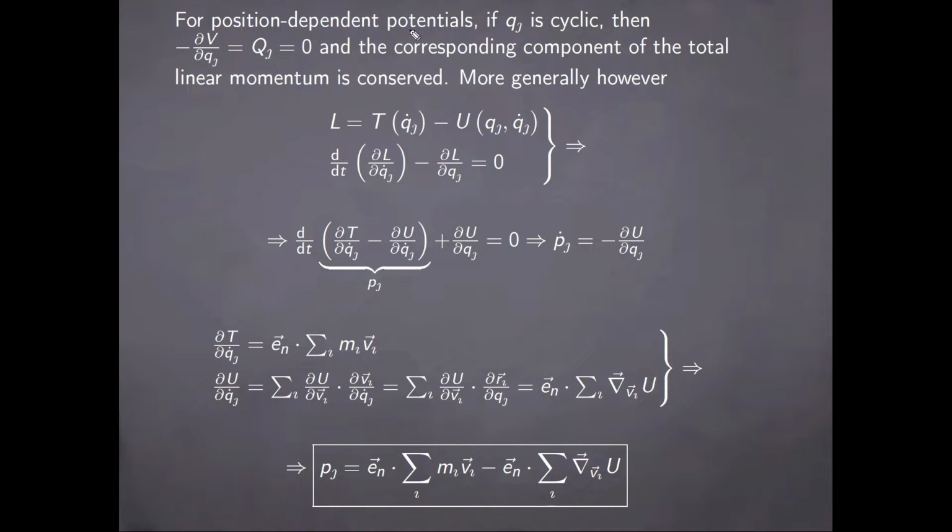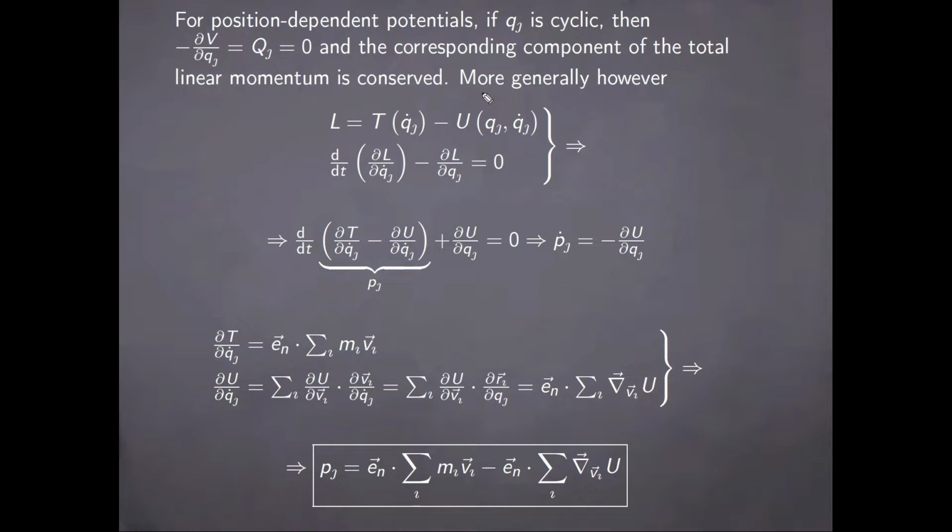For position-dependent potentials, if qj is cyclic, then the potential is independent of the generalized coordinate in question, and as such the j component of the generalized force is 0. And it follows that the corresponding component of the total linear momentum is conserved.